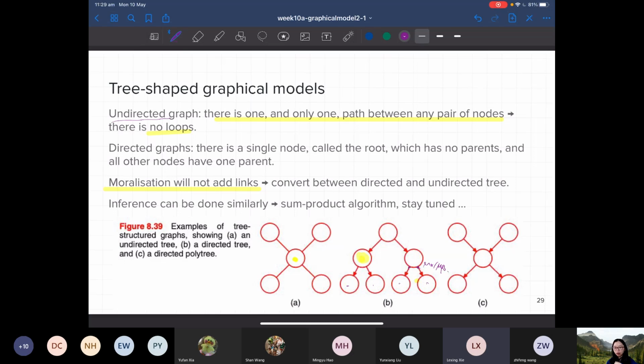Let's just say that for trees, we can also efficiently do inference in pretty much quadratic time.